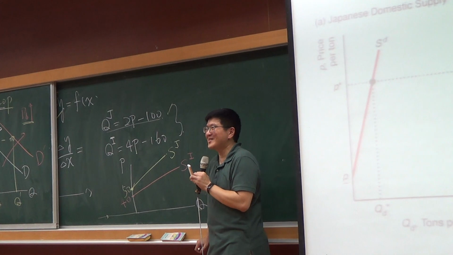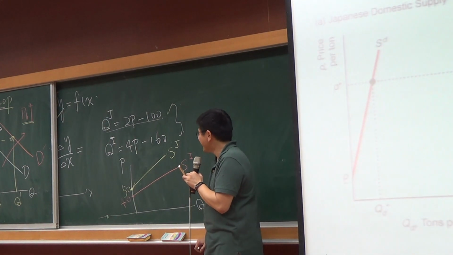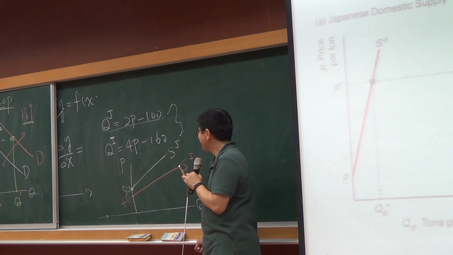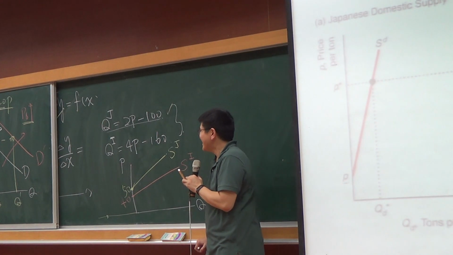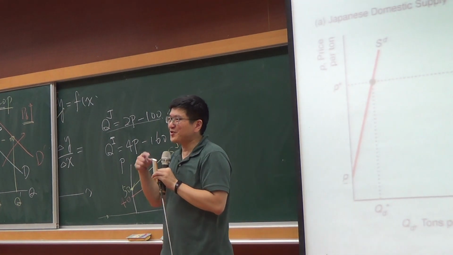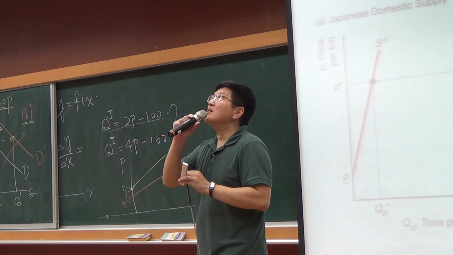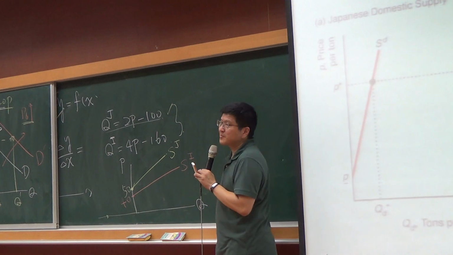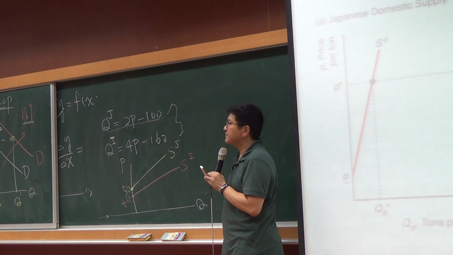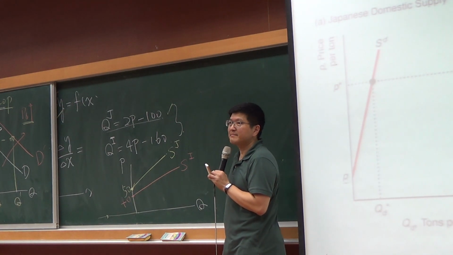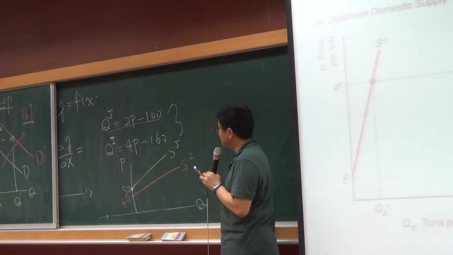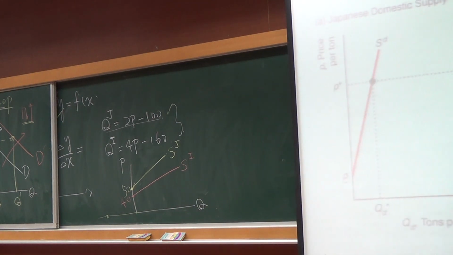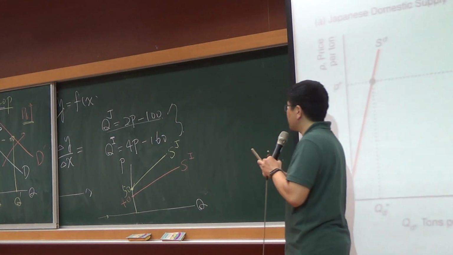How do you sum these two supply curves up to make a mathematical relationship describing the total supply?